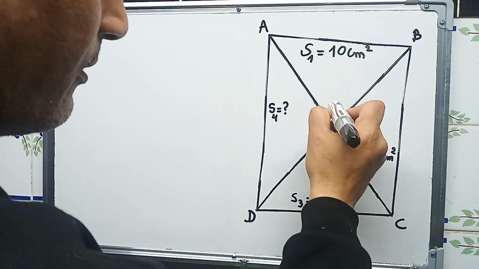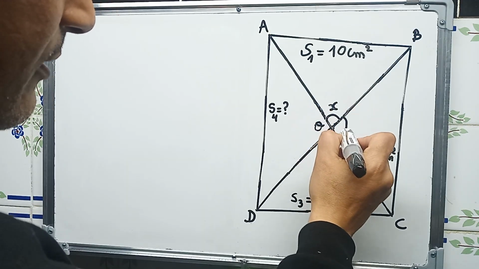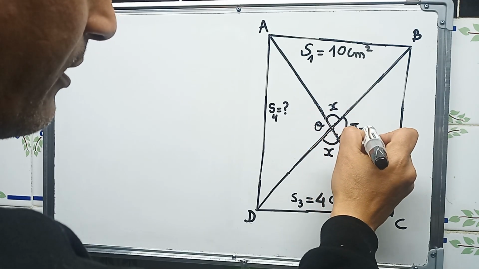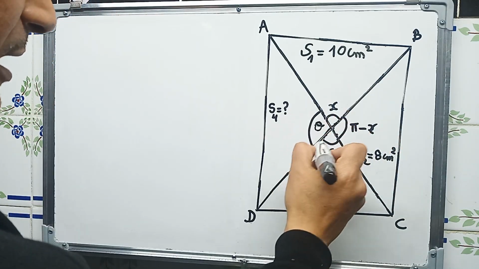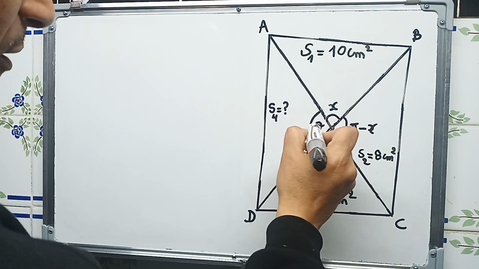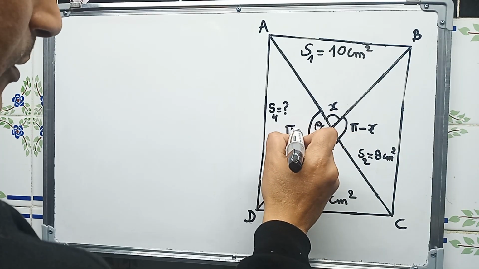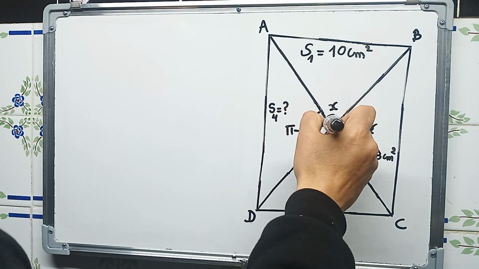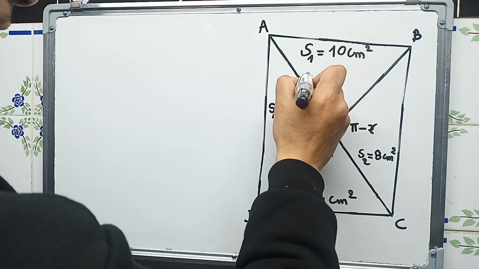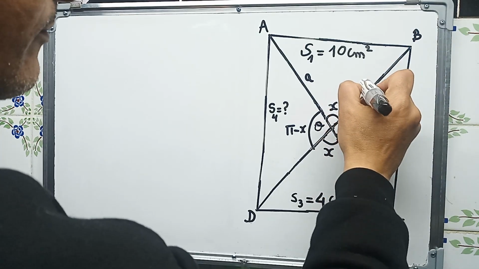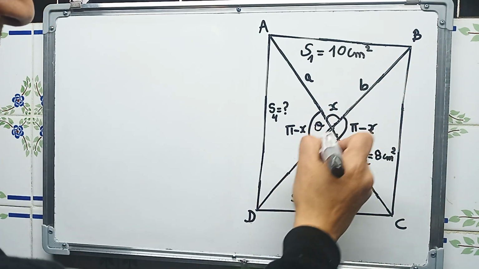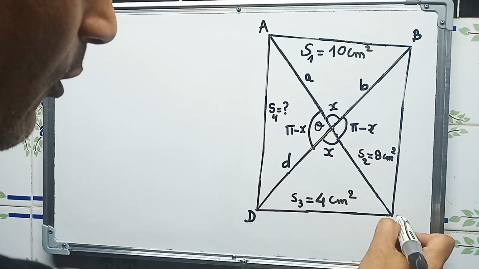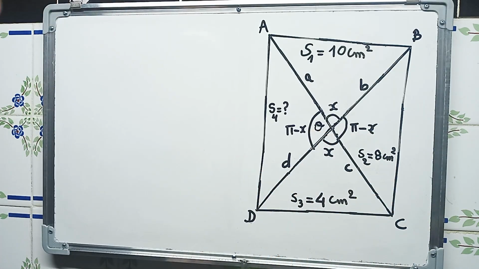Here we have supplementary angles, so here we will have pi minus X, and the same for this one, which is vertical with pi minus X. Now the distance OE will be called E, OB B, OD D, and OC we call C. And now let's evaluate every area.